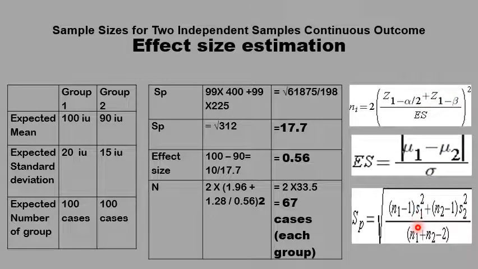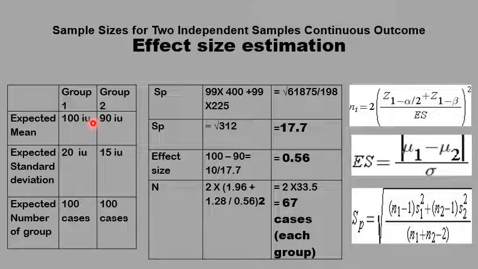And this is just an example about what you can expect the effect size to be before starting the study. Say you have two groups here measuring a hormone or an enzyme or a certain continuous output.